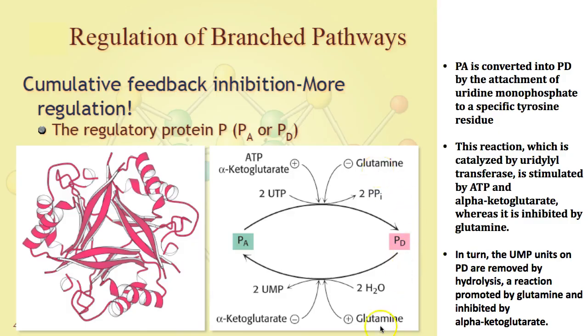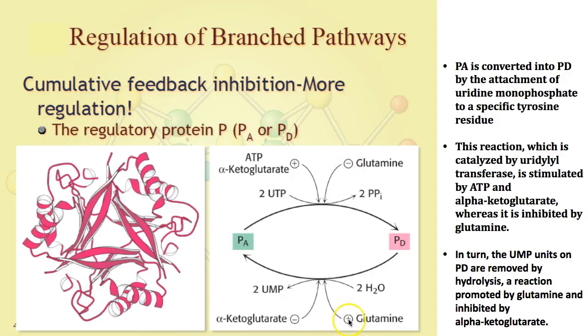But if you have a deactivated enzyme and you want it to become activated, then you need glutamine to activate it. So these plus and minus symbols: minus means inhibits, and so deactivate.